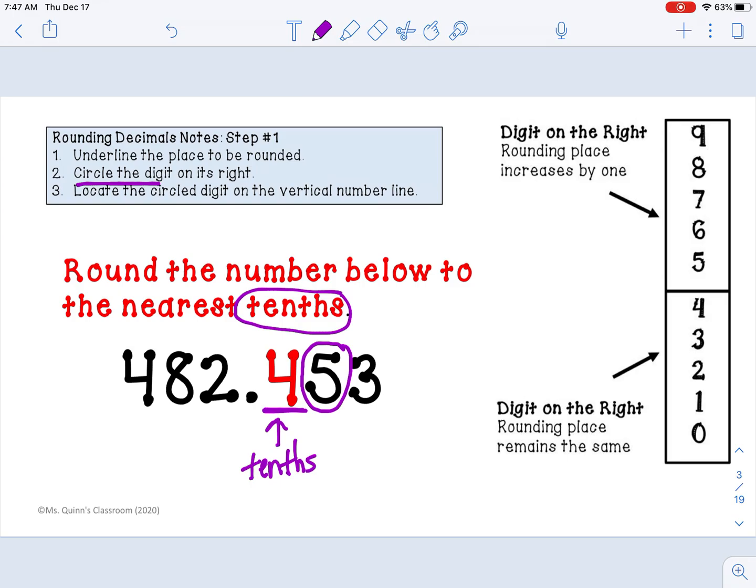If the number after it is a 4, 3, 2, 1, or 0, so a number less than 5, then the number is going to stay the same. Okay, so let's look at the number that we have circled. We have circled a 5. So we are going to round this 4 up.